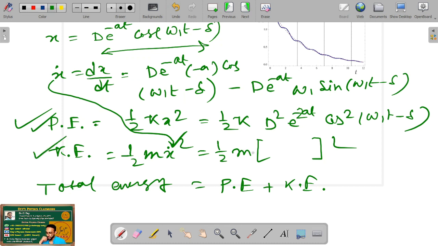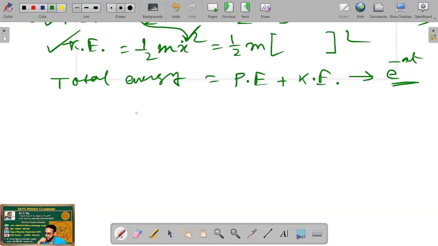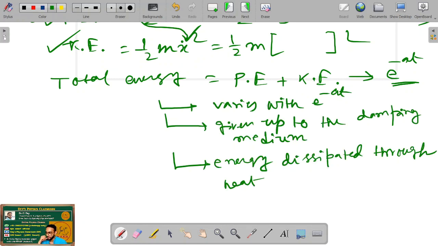In both cases we can see that potential energy and kinetic energy both depend on the exponential term, that is e to the power of minus at. So the total energy will also depend on the e to the power of minus at term. So the total energy would be given up to the damping medium, and the energy would also be dissipated through heat.